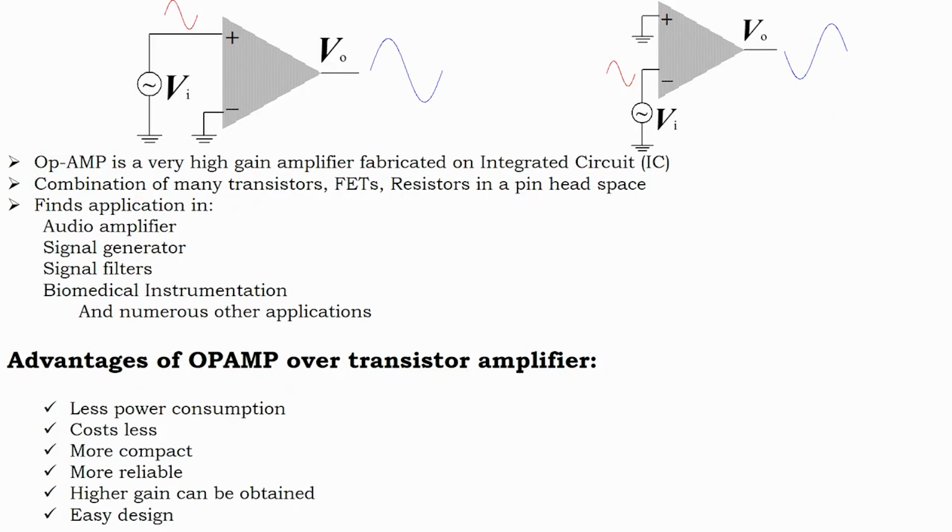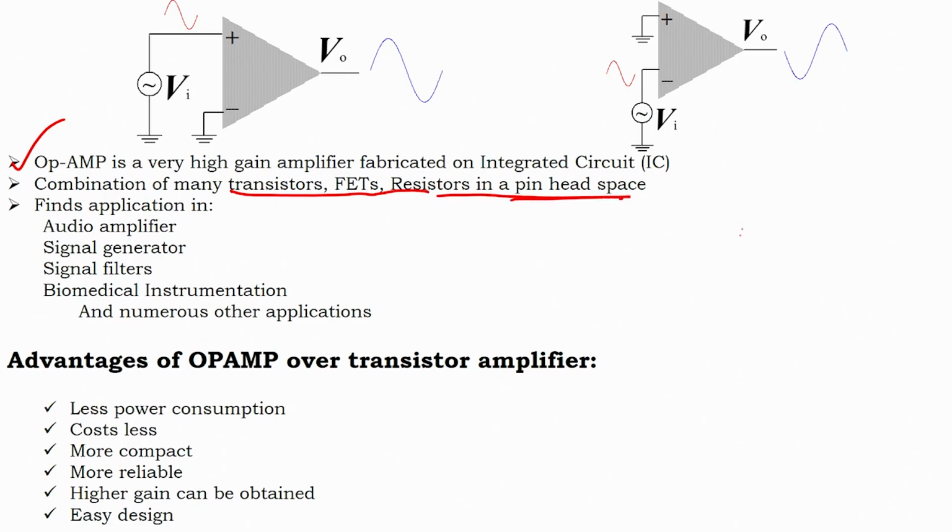Now, let us see some interesting advantages of op-amp over transistors. First is, op-amp is a very high gain amplifier fabricated on an integrated circuit. This is a high gain amplifier, okay. It has a combination of transistors, FETs, resistors in a pinhead size.